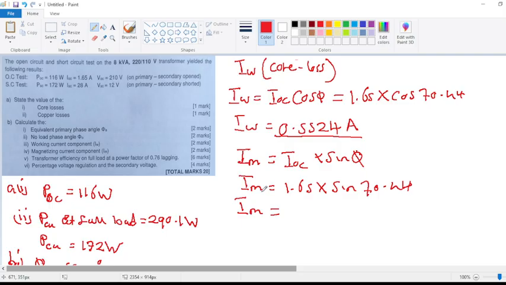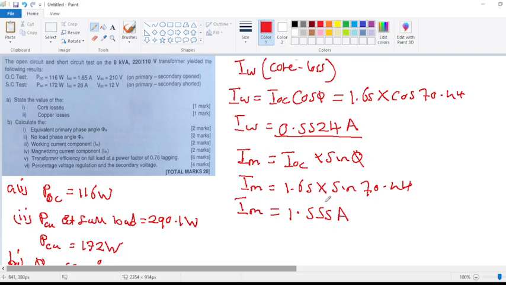So the magnetizing current equals 1.65 multiplied by sine 70.44, and we are going to have 1.555 amps.